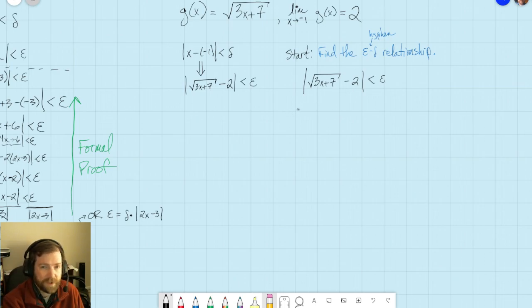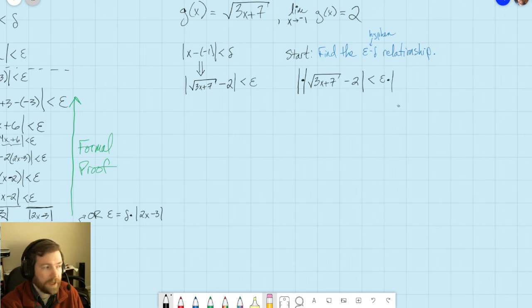This is even a hard starting point for a lot of students, even after they've seen it. Here, what we need to do is multiply by something that's going to get rid of that square root and make it look more like x minus something. So, the best way to do that is going to be to multiply by the absolute value, because we need to make sure that this thing is positive so it doesn't mess with the inequality.